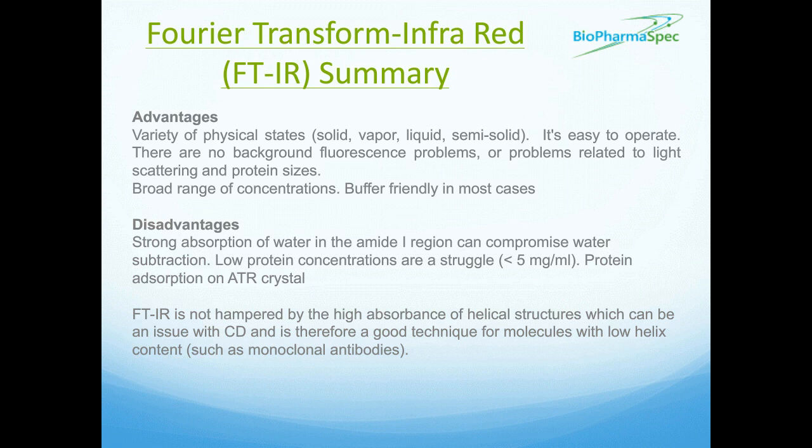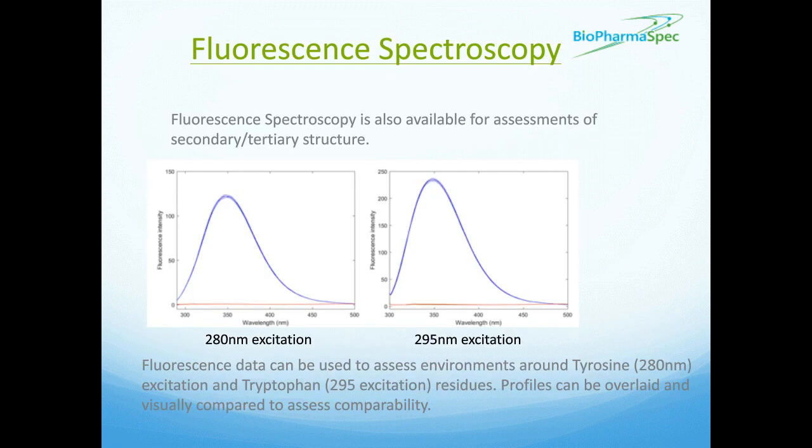Now, the other technique that is actually mentioned in Q6B, but not under the spectroscopic profiles section, is fluorescence. And these are examples of intrinsic fluorescence, where you're looking at the fluorescence of your aromatic residues, such as tyrosine and tryptophan, once you excite them.